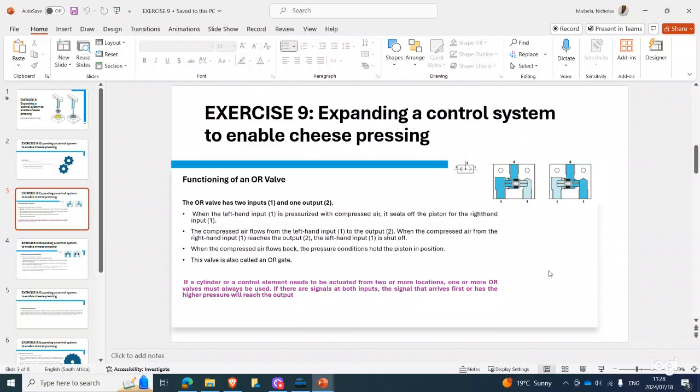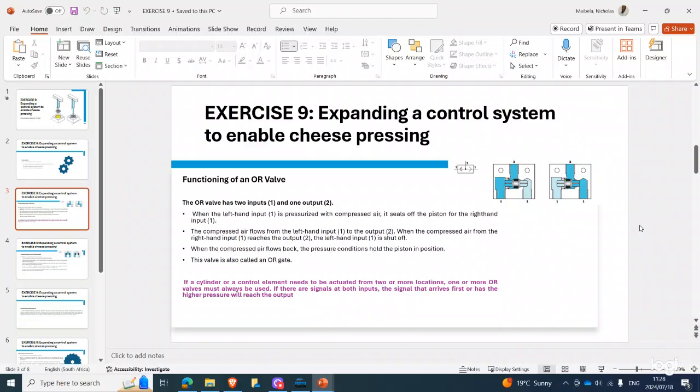Let's say the push buttons are in two locations. In a manufacturing setup, one push button is at the control room, and the operator also has a push button on the assembly line.